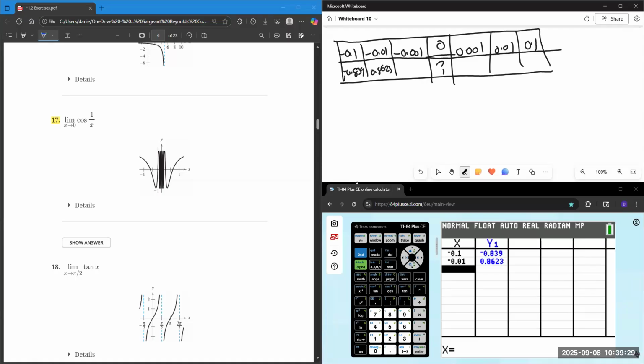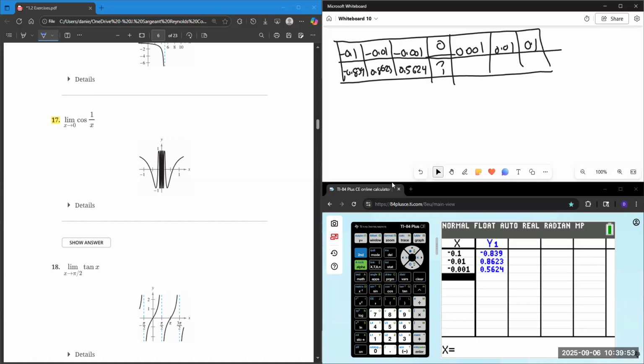So I've jumped from negative to positive, and then -1/1,000th is 0.0, I'm sorry, 0.5624.